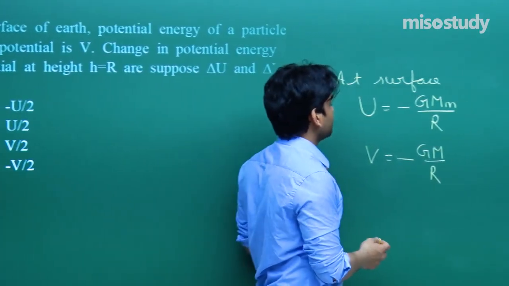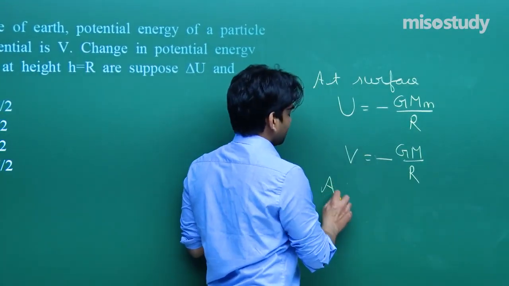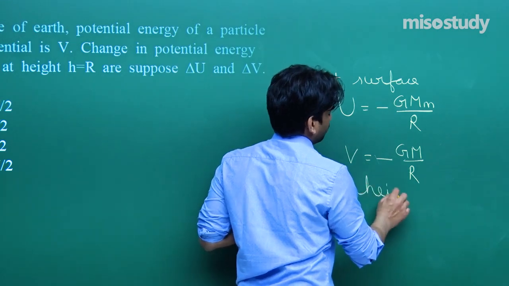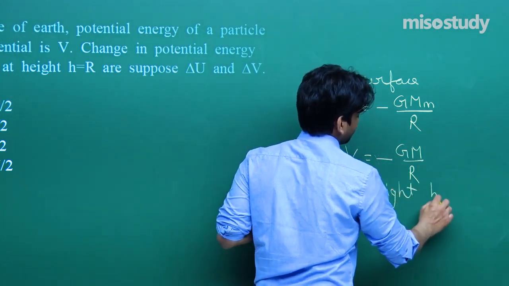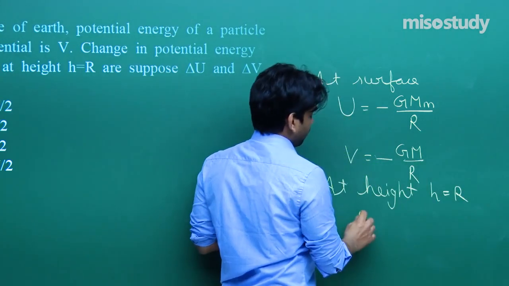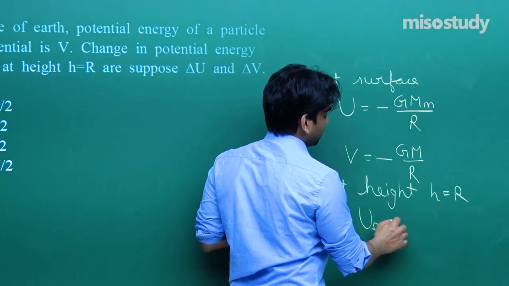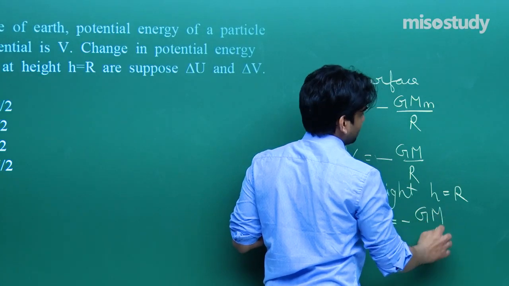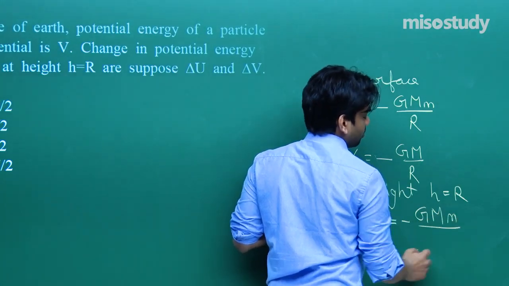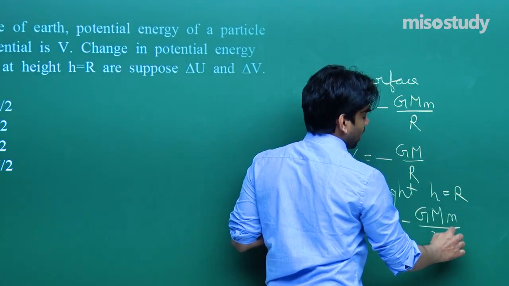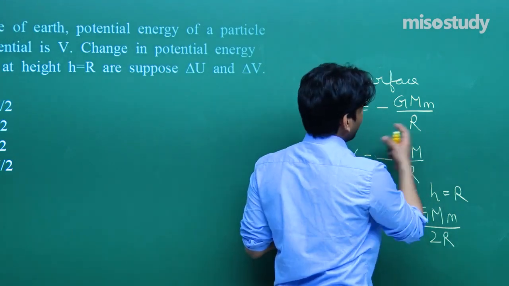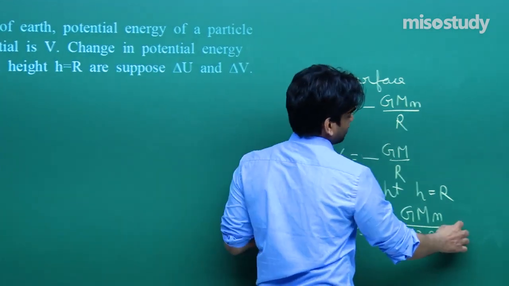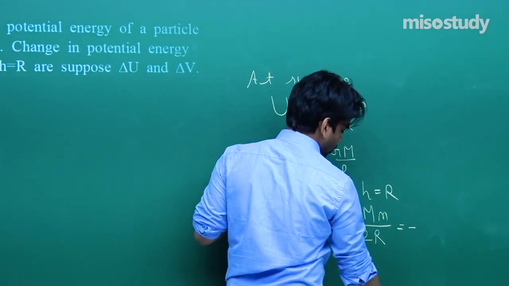Change in potential energy. Now at height h equal to r, the final potential energy will turn out to be minus GMm by r plus r, so 2r you have to do. So you will be obtaining, this is how much? You can see that this is equal to U by 2.